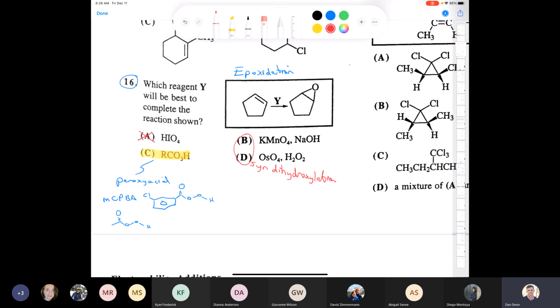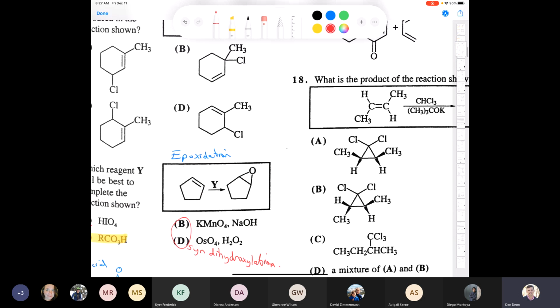So neither of those is going to help us out. Osmium tetroxide or potassium permanganate. And periodic acid, I don't even think it's covered in our textbook, so we'll just eliminate that one. You can look it up if you want to, but I'm not going to ask you anything about periodic acid.